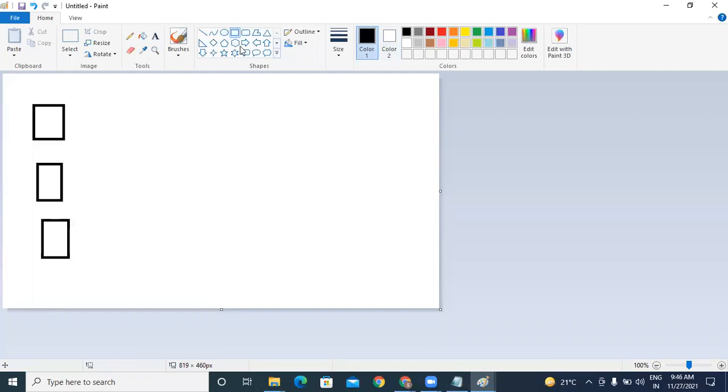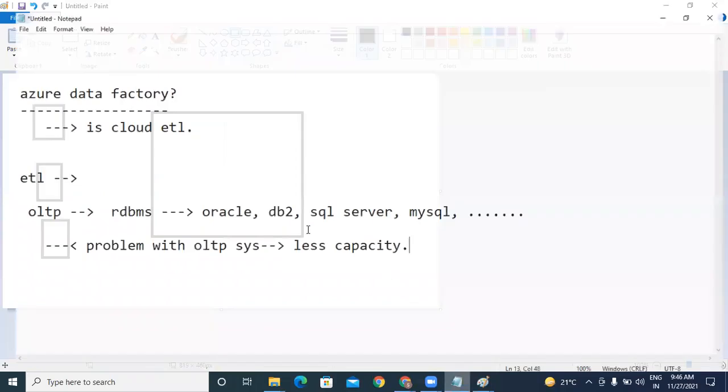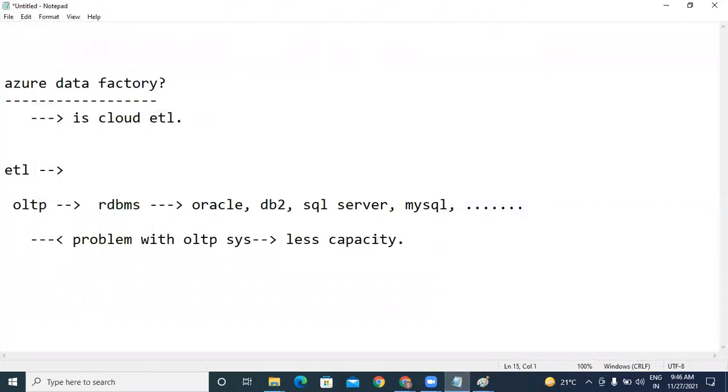So now let's try to understand the meaning of a traditional warehouse. Later we can go into the importance of an advanced warehouse. So the problem is understood with OLTP, and the solution is the data warehouse. But for the data warehouse, there are some special databases.